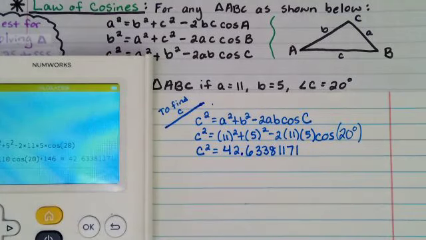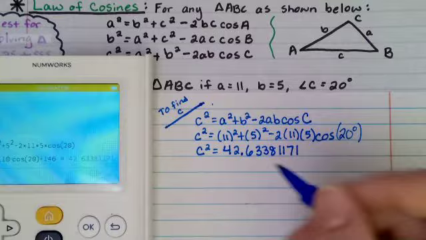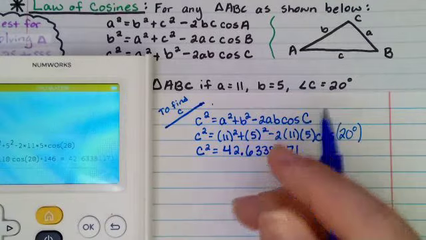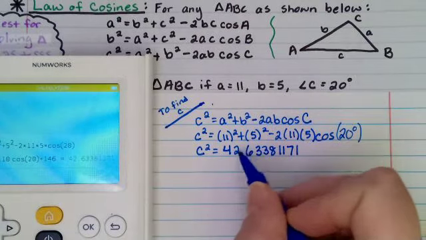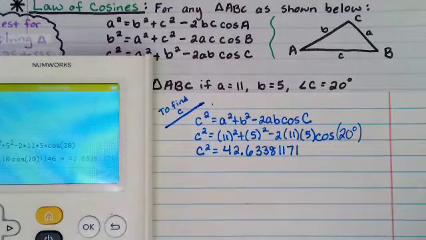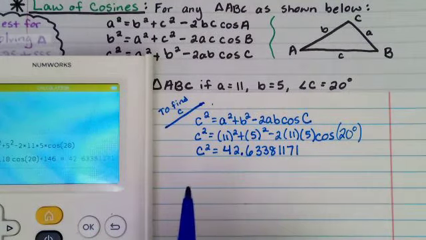Now, it's kind of difficult to leave this in exact form throughout the whole problem, but I would, at the very, very least, leave all of these decimals in here until the very end, and at the end, round it. You're going to see on the assignment that I give you guys, it's going to tell you to round to the nearest 10th place, but I would not round it here in the middle of the problem. I would wait until the end to round, okay? That will keep us from having issues.